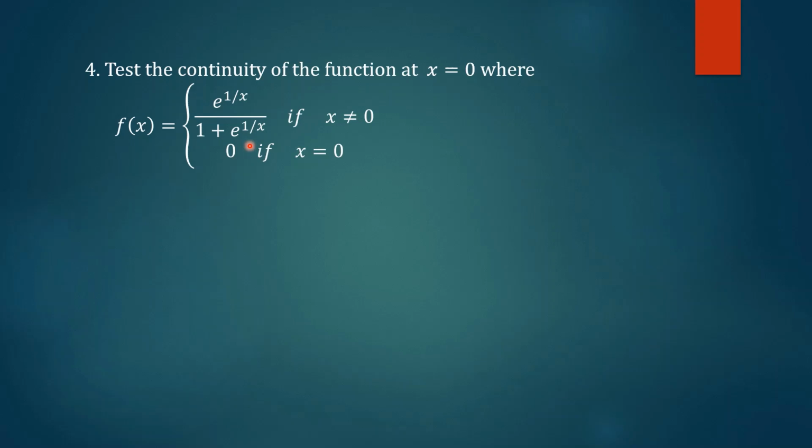Take help from that question and solve this problem. I think you can solve it very easily. This problem is also homework for you; solve it and show me through WhatsApp.